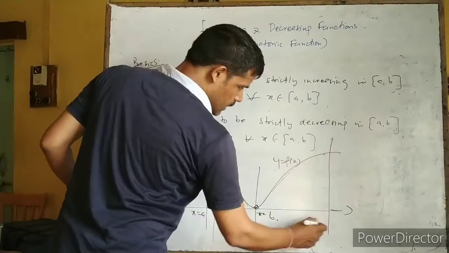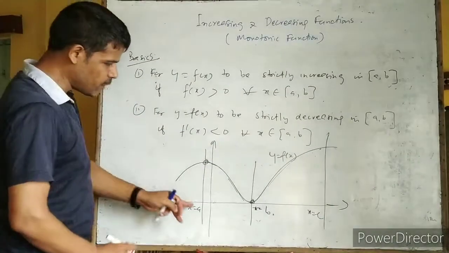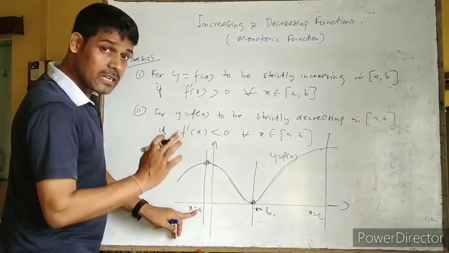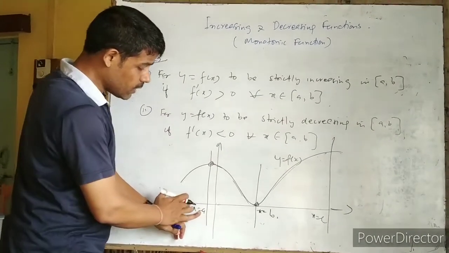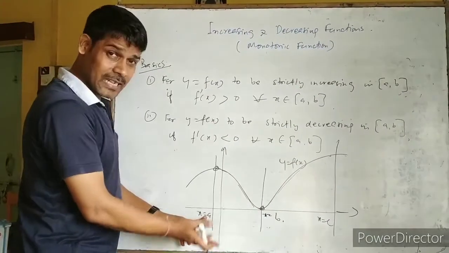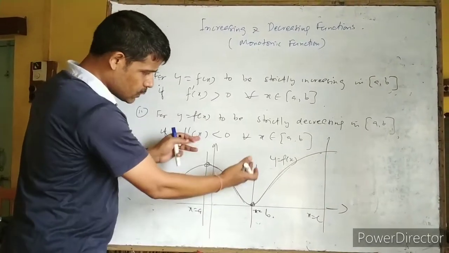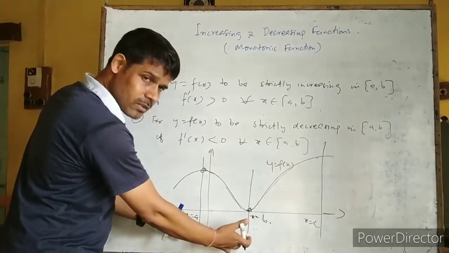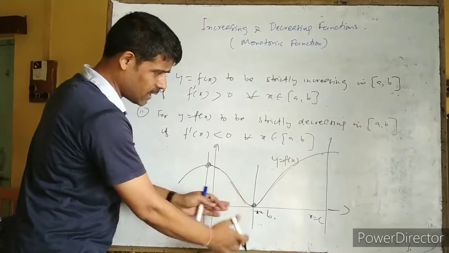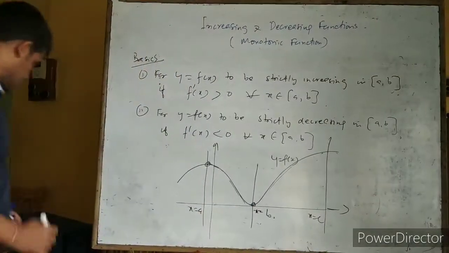Similarly, if I take x equal to c, this part is increasing. But what about the monotonicity of the function in the interval AC? We say it is neither increasing nor decreasing, because both things are happening. So when you talk about decreasing, it should be in a particular interval, and again in BC it is increasing.